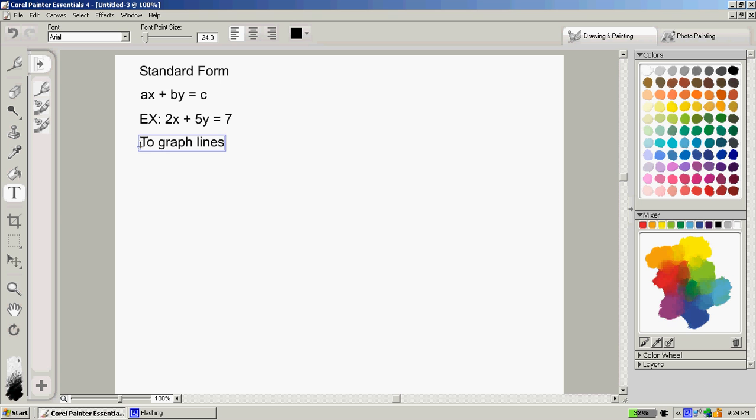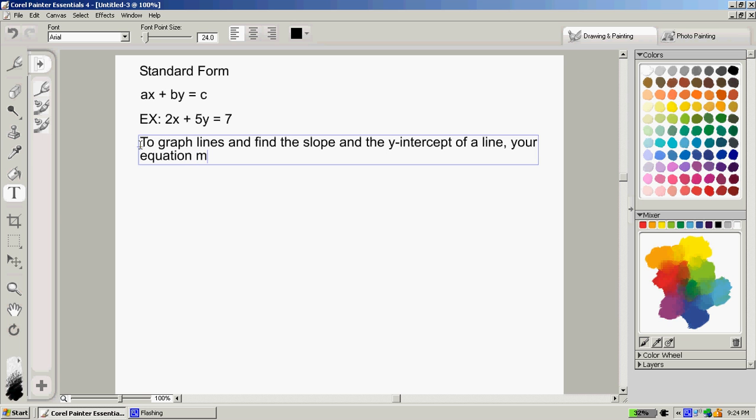To graph lines and find the slope and the y-intercept of a line, your equation must be in slope-intercept form, or y equals mx plus b form.